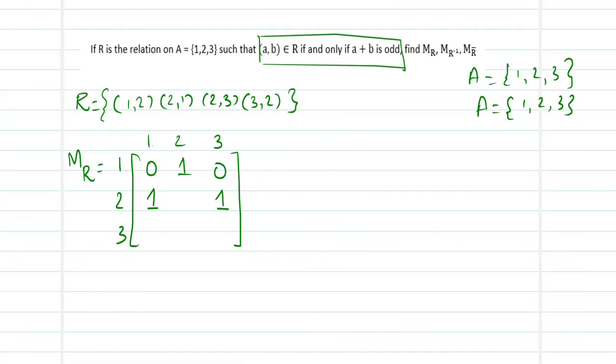This becomes 0 because 1 plus 3 is 4, an even number. 2 plus 2 is 4, an even number. 3 plus 1 is 4, an even number. And 3 plus 3 is 6, which is an even number. And 3 plus 2 is 5, which is an odd number, so I give this as 1. So this is going to be the matrix of the required relation. And what is the relation? a plus b is an odd number.